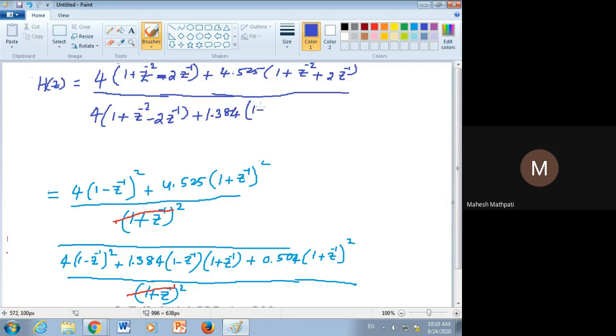So first is 1 plus z inverse minus z inverse, minus into plus again minus z power minus 2, then plus 0.504 into 1 plus z power minus 2 plus 2 z inverse, okay?